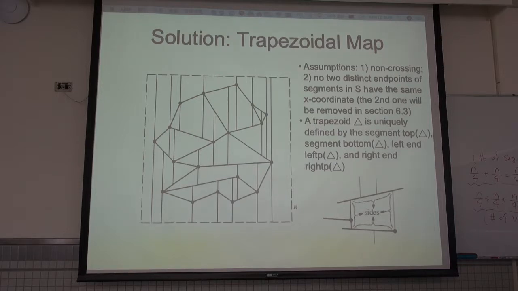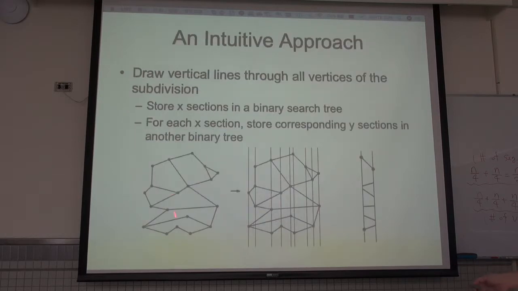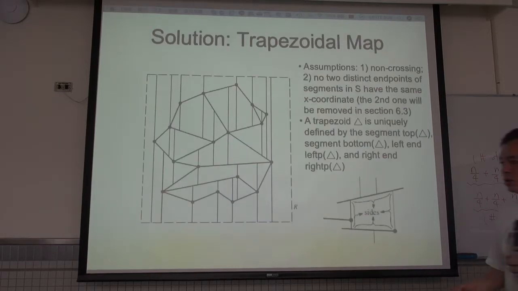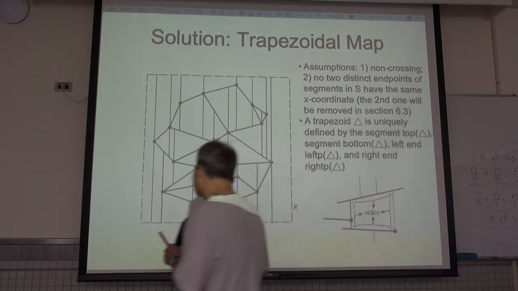So the idea is we just do not want to have so many subspaces. We try to draw a vertical line for each endpoint. This idea is still there, but we try to put a limitation.